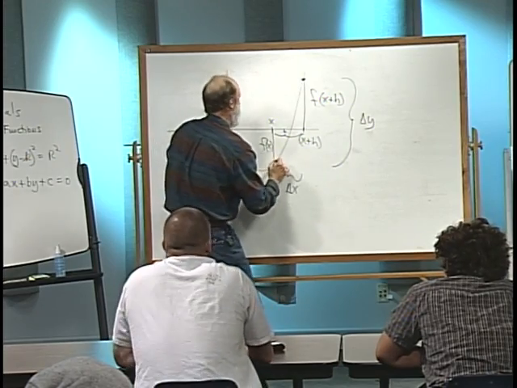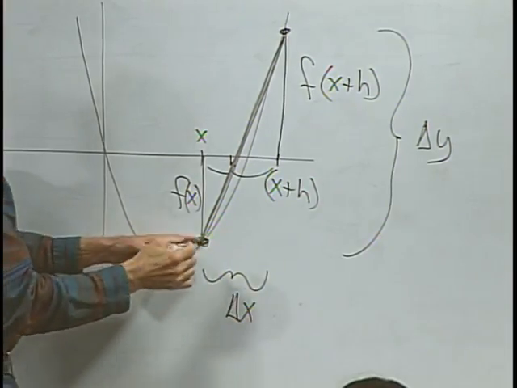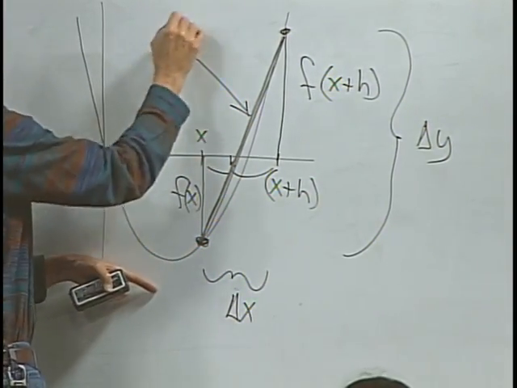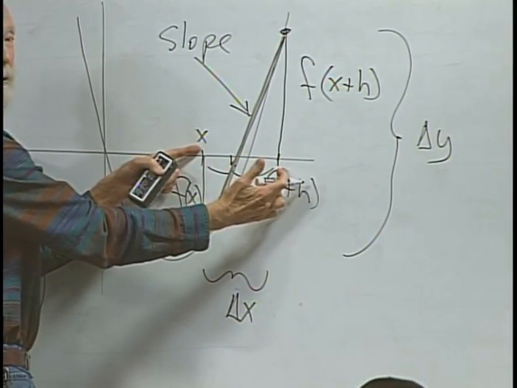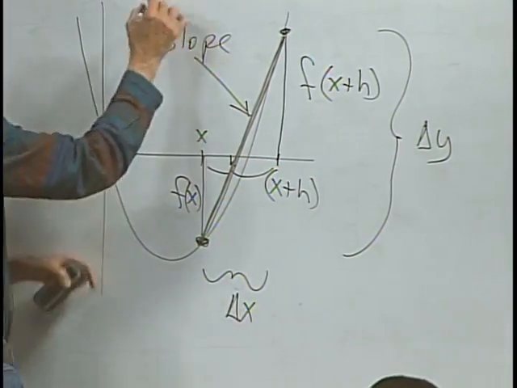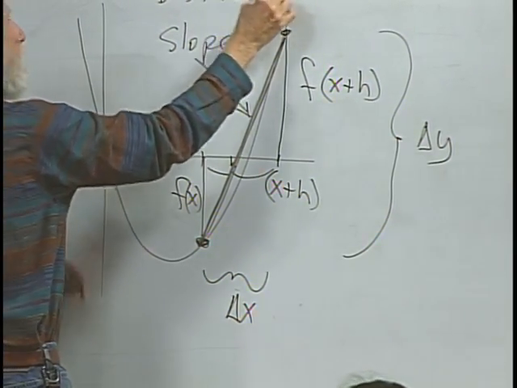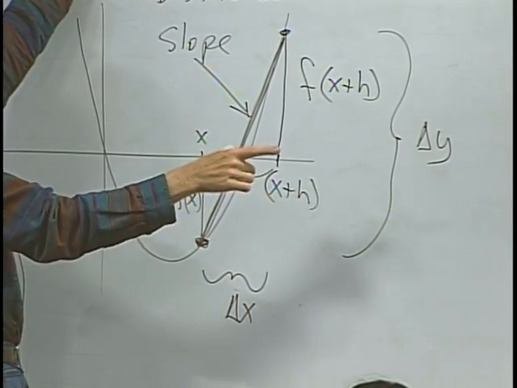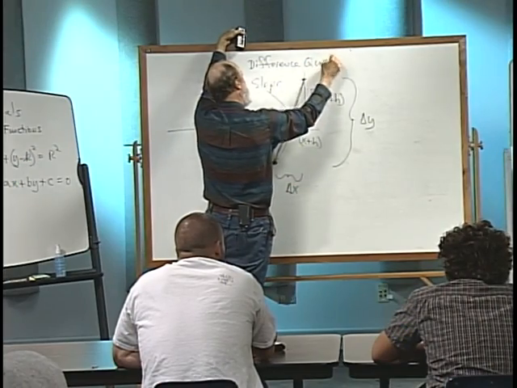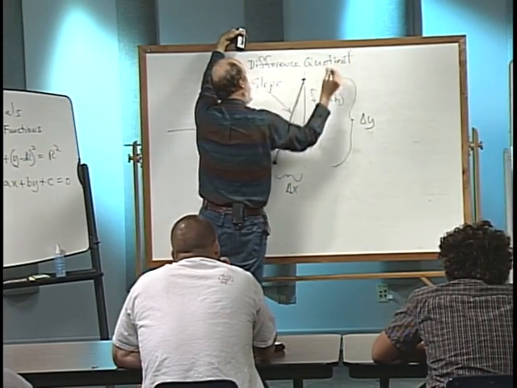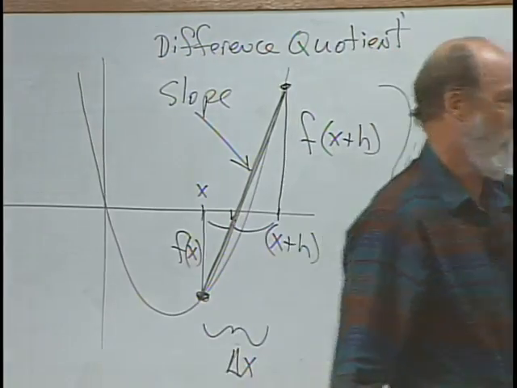And what we've got here, that equation we just came up with over here, is the slope between this general point and this other point that's over at a new location. This thing is called a difference quotient, because you can see the change in y and the change in x in that equation we had. And so the slope between the 2 points is what this expression turns out to be.